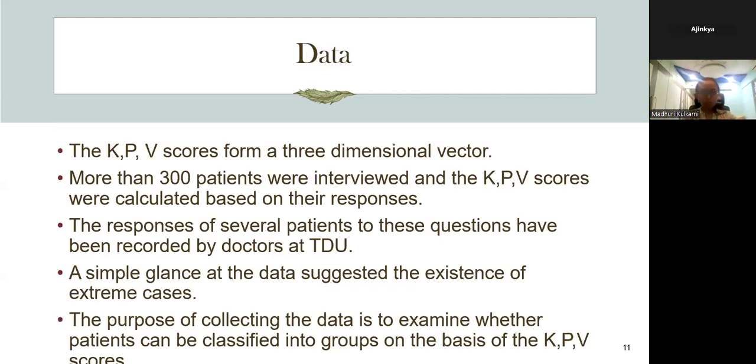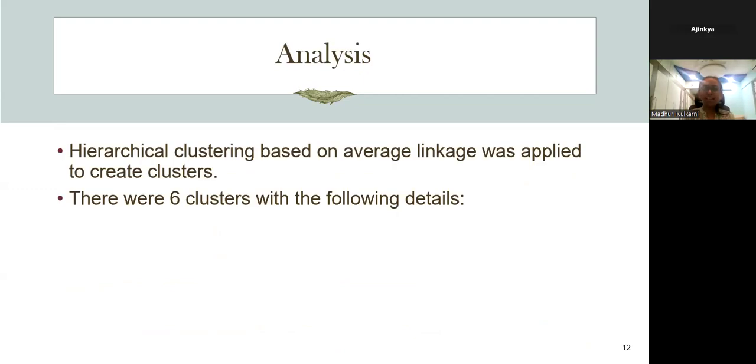So this is the kind of data. Initially I had only 300 patients. I have mentioned 300 here, but later we got more data. This is a typical problem of classification. Can we create clusters out of these 300 patients, and can we classify them on the basis of the kapha, pitta, vata category?